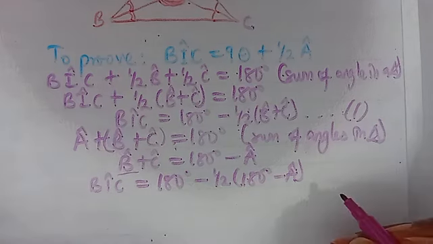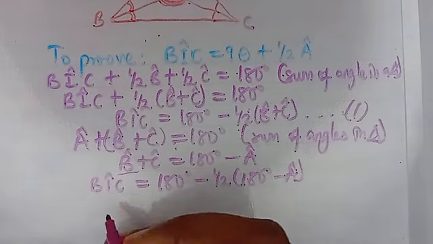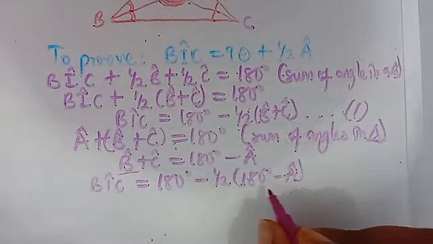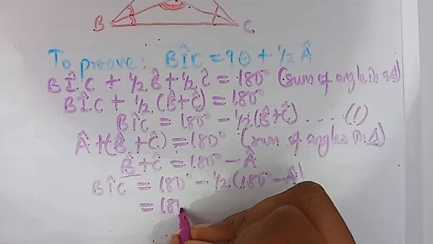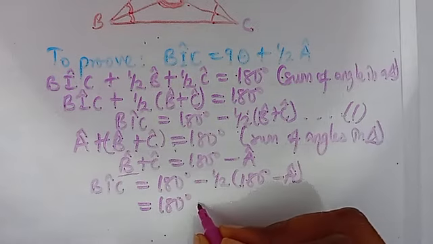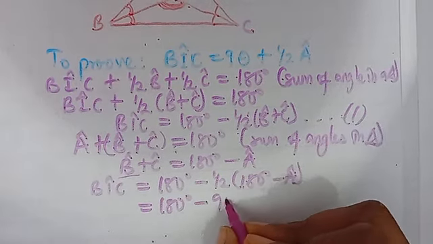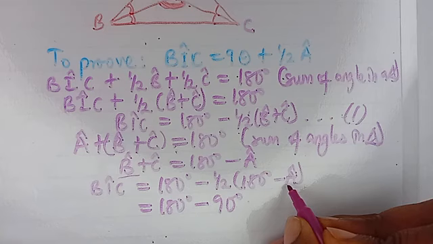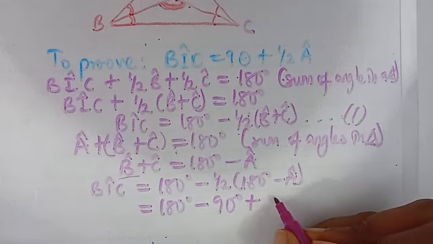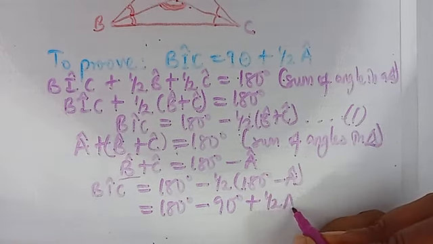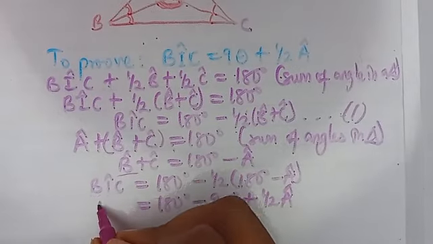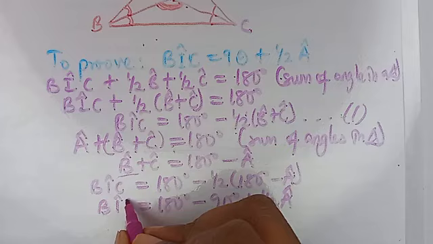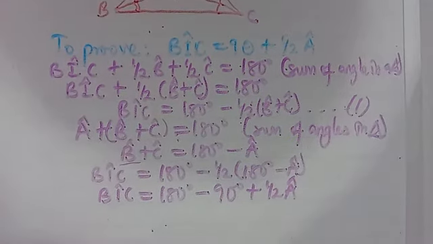Having that, we are going to open up the bracket. 180 degrees minus half of 180 is 90 degrees, and then minus times minus gives us plus half angle A. Remember, this is all equal to angle BIC.